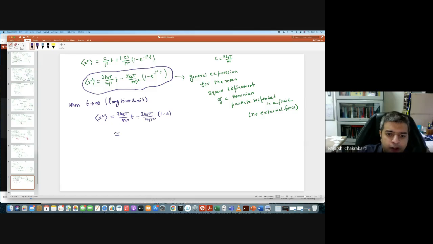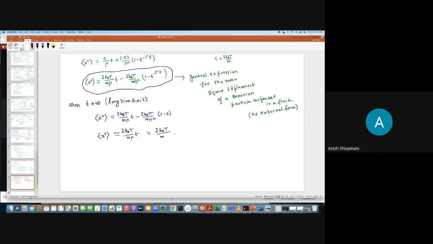But you know, in the long time, this part is very small compared to this part, isn't it? Your x square average is equal to 2 kbt by m gamma. If you put the expression, you remember that 2 kbt by m, what was the expression for gamma?